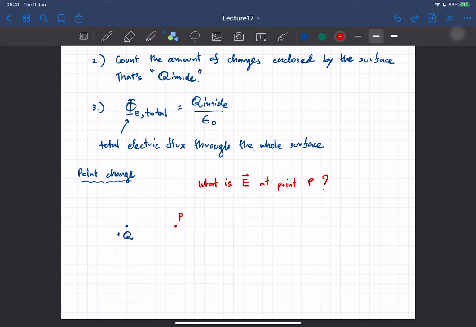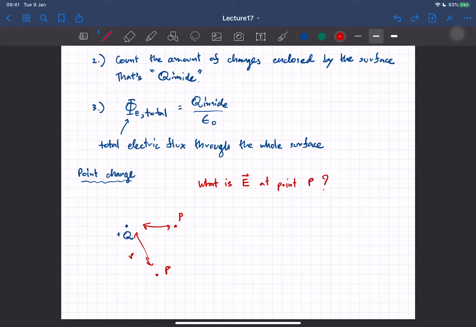In this problem, the symmetry is what we call spherical symmetry, meaning that it probably doesn't matter which point P you choose, as long as point P is the same distance away from the charge. As long as the distance is the same, no matter where you are, the electric field should have the same magnitude.